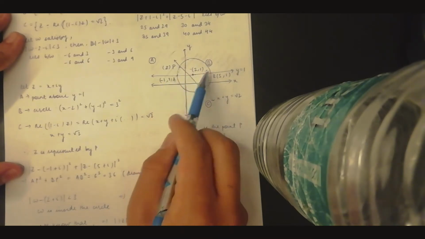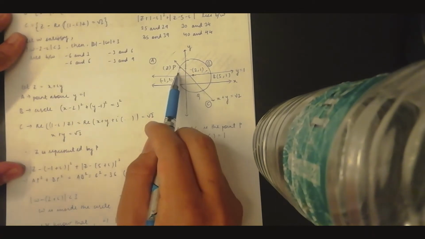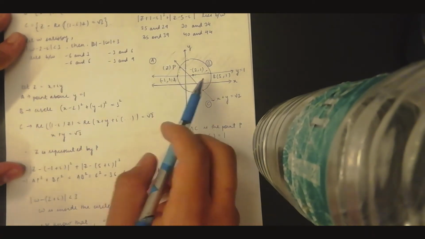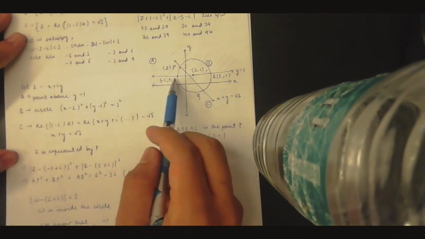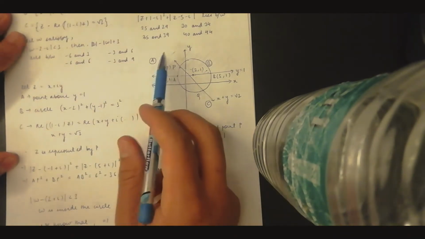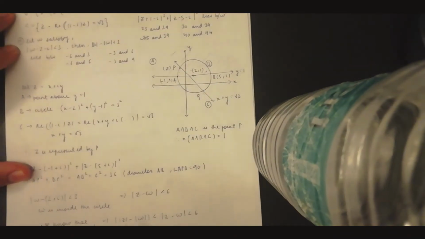This is a triangle in a semicircle with this as the diameter. So AP² + PB² = AB², and AB² is 6² because the radius is 3. So 36. Therefore it lies between 35 and 39. This is our answer here.